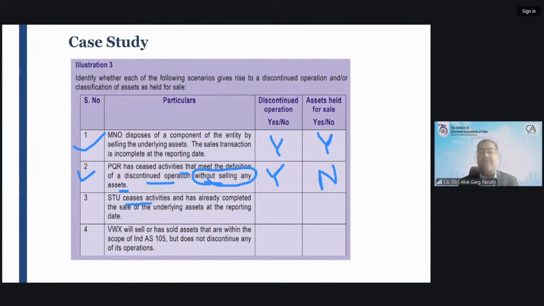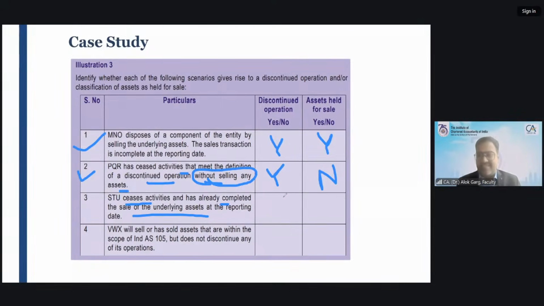STU ceases activities and has already completed the sale of the underlying asset at the reporting date. Whether it is a discontinued operation?